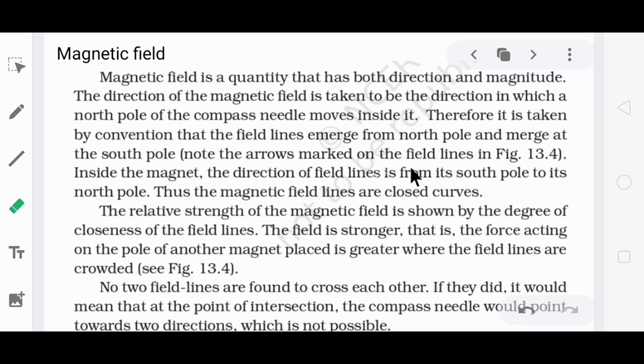And the degree of closeness of these curves defines the relative strength of the magnetic field. If the curves are close, the intensity of the magnetic field is also high. The strength of the magnetic field is also high. If the field is stronger, the force acting on the pole of another magnet placed there is greater.